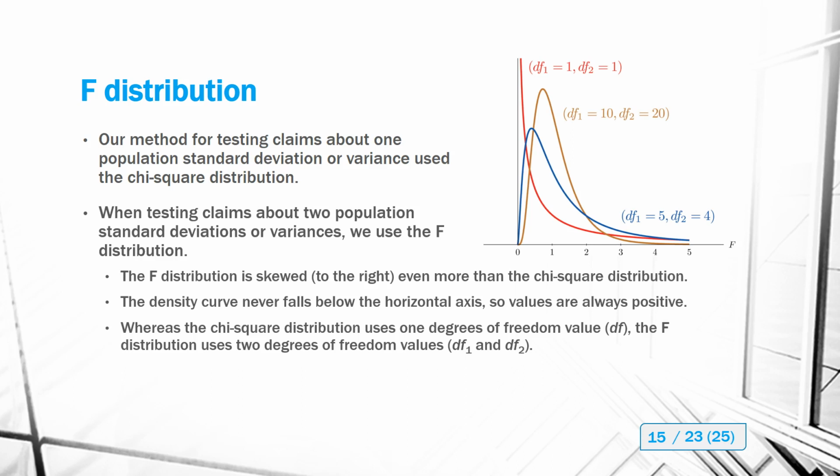So there's a DF1 and a DF2, not just DF. This is what makes the F distribution more applicable for testing two population standard deviations or variances, because we have a separate degree of freedom value from each sample that we're examining.